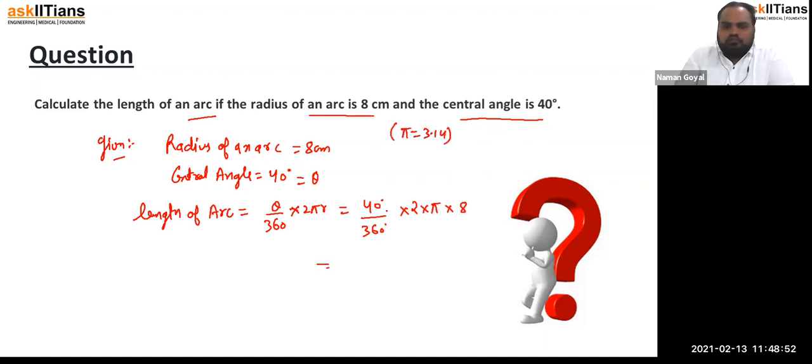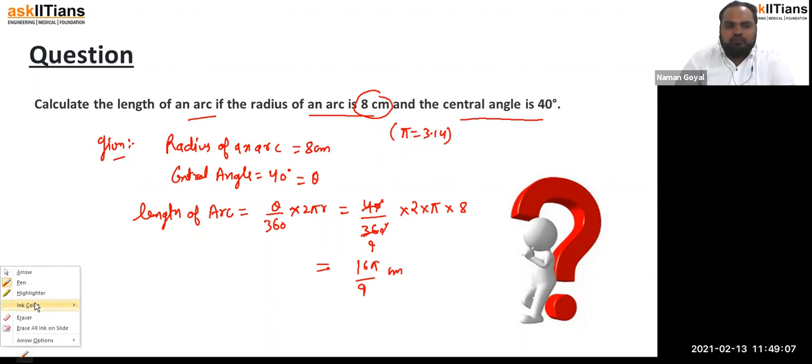Now see, 4 cancels out, and it will cancel out 9 times. So what we get is 16 pi upon 9 centimeter. The unit of radius is centimeter, so the value of the arc is also in centimeter. Now it will be 16 into 3.14 upon 9.